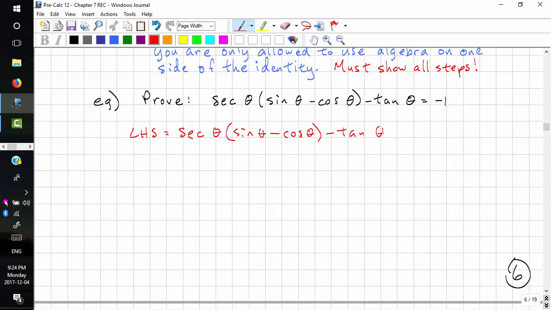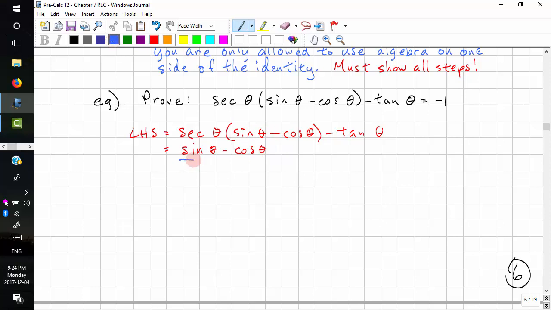So for this section, when you're stuck, just convert all the trig functions to sine and cosine and see what cancels out. So we have sine theta minus cos theta. That's this part.